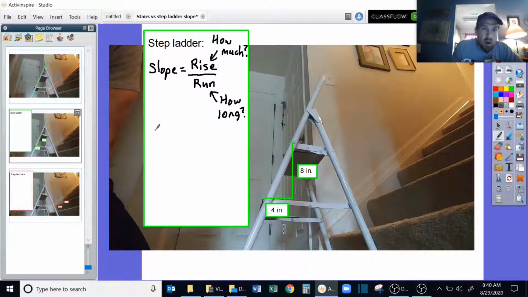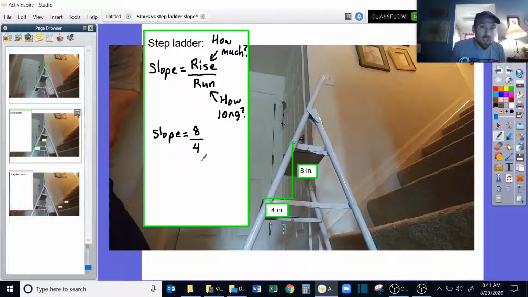So here on our stepladder, our slope has a rise of 8 inches. That's how much it went up. Our stairs also went up by 8 inches, but we'll see they have different slopes because on our stepladder, it took only 4 inches running forward to rise up that 8 inches.